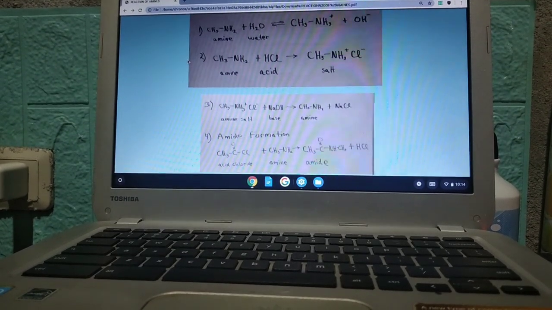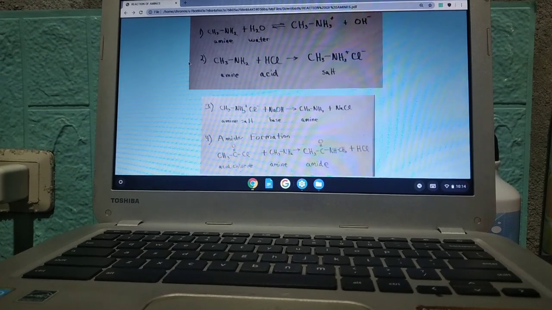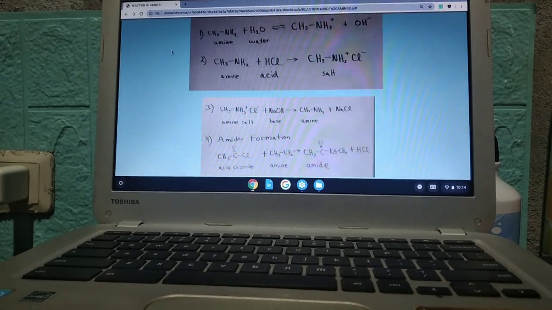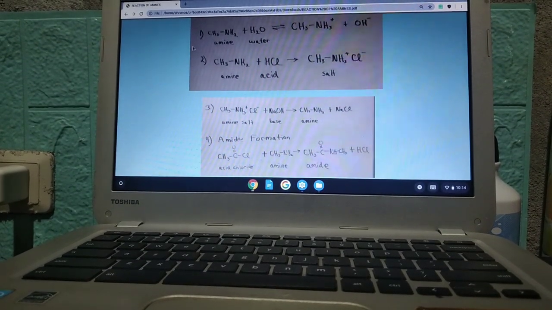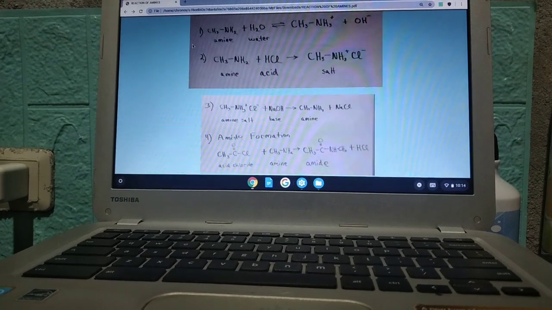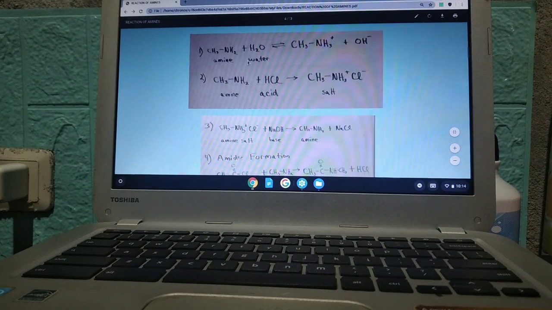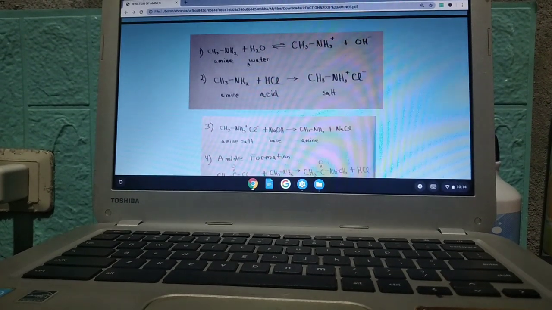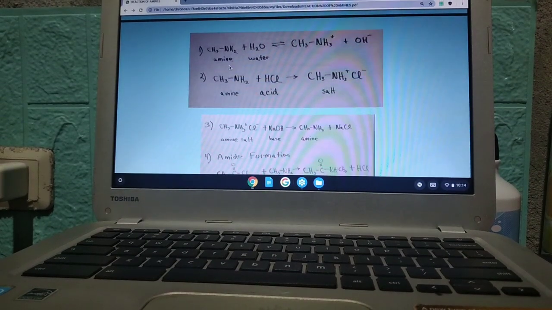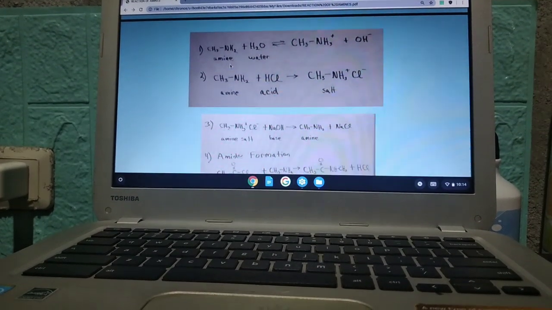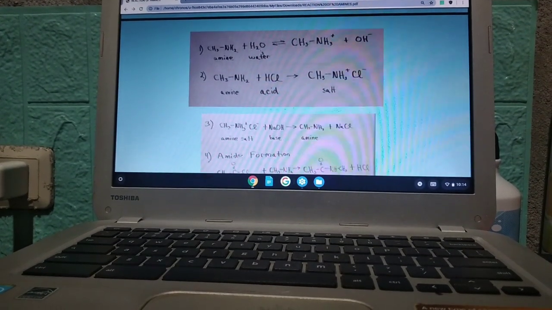And since amines are organic bases, they are most likely soluble in water if they're low molecular weight, and they're going to interact with the water molecule. The nitrogen is basic, so the proton from the water is going to protonate the nitrogen.